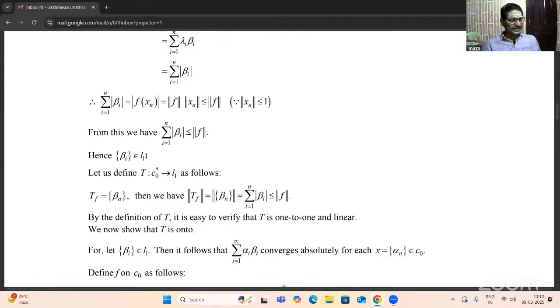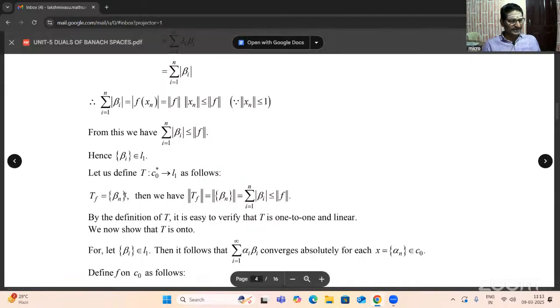Already this is the first linear space. Define the map T from the dual of C0 to L1, so we define the transformation capital T. T at f, Tf equals the sequence of beta n.